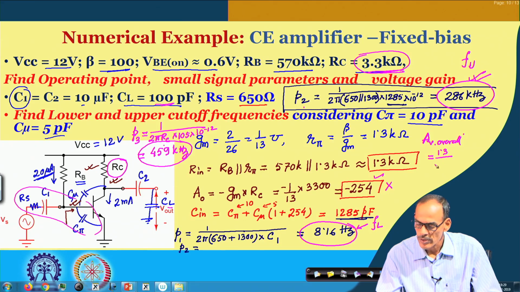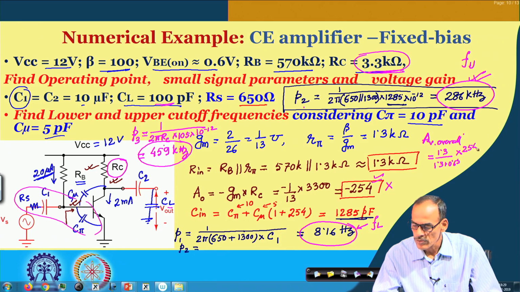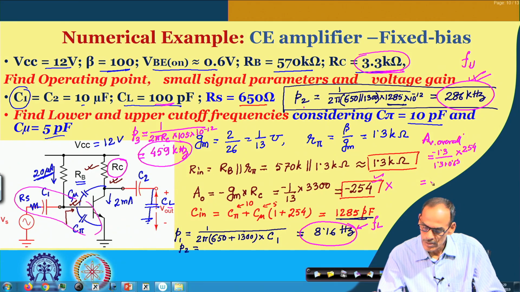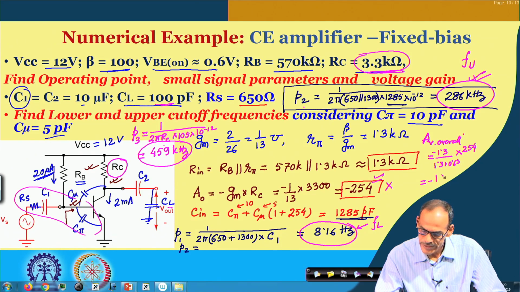1.3 divided by 1.3 plus 0.65, in fact, that is 2/3, multiplied by this 254, of course, with a minus sign, and that is becoming close to minus 169, right.